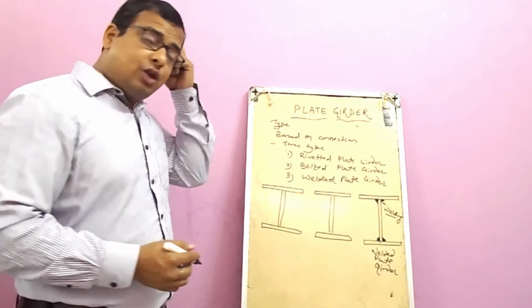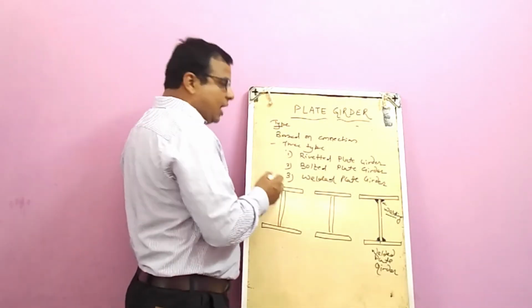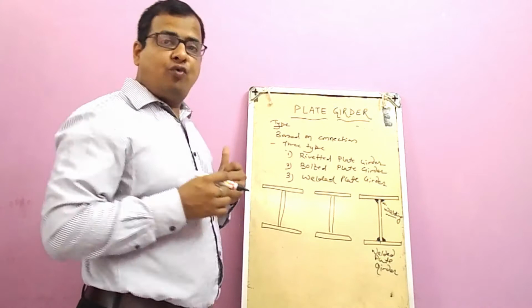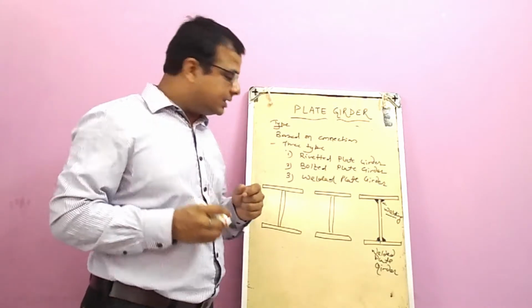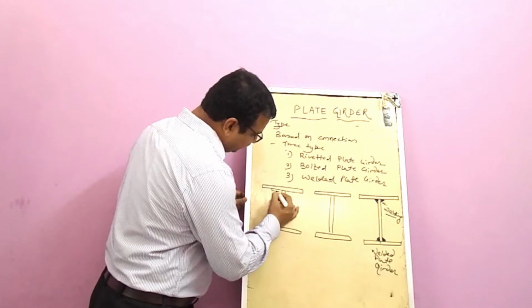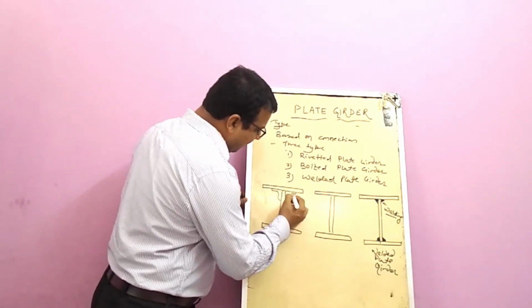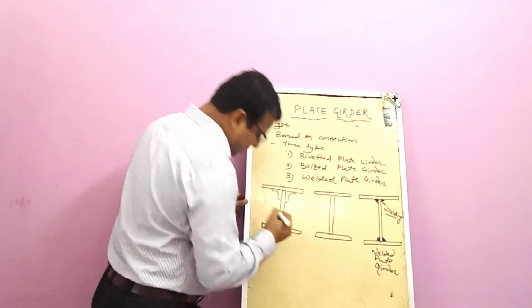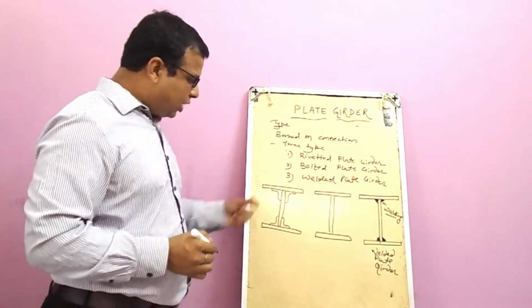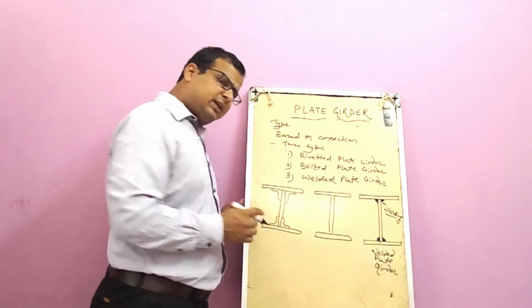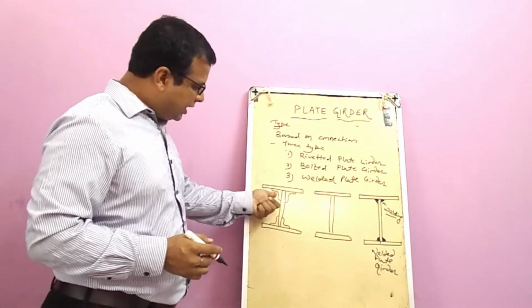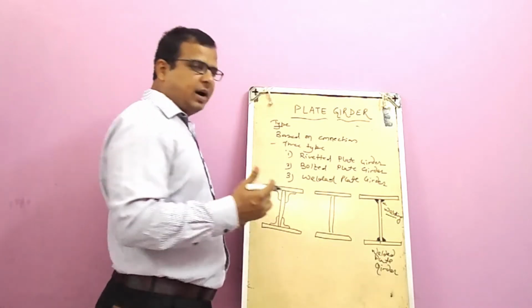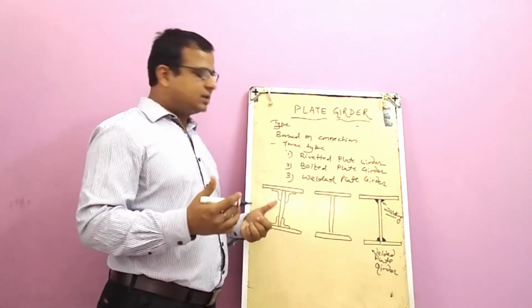Now in the case of the riveted, we cannot provide the rivets directly in this type. So we will provide additional angles. So these are the angles. The angles are 4 in number. Sometimes we can take two, one here and one opposite on the bottom side, but the strength of this type of connection is less.